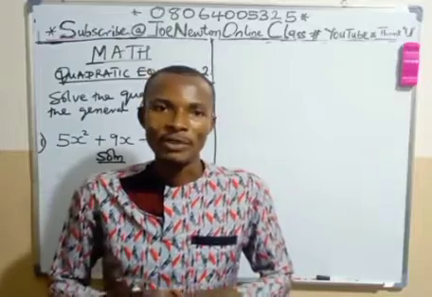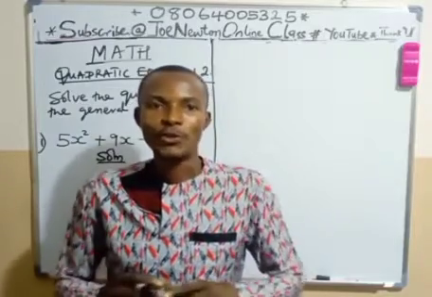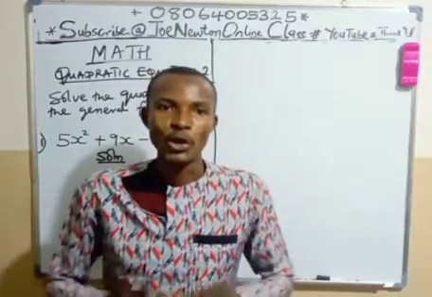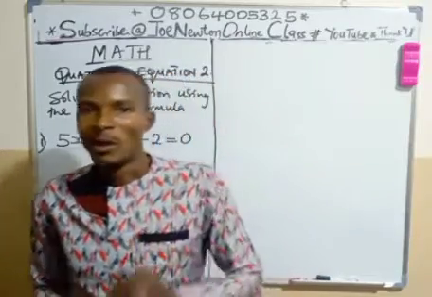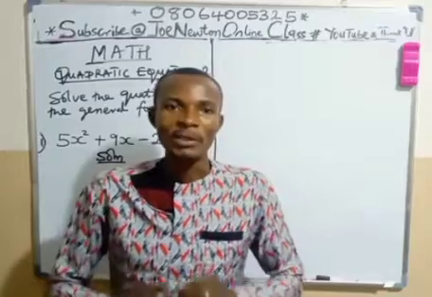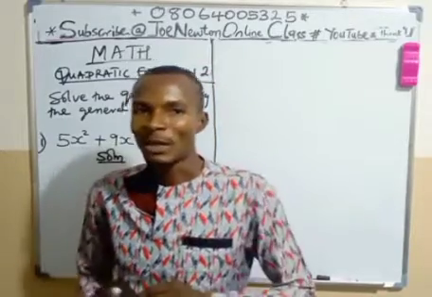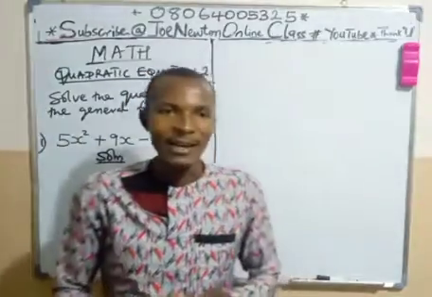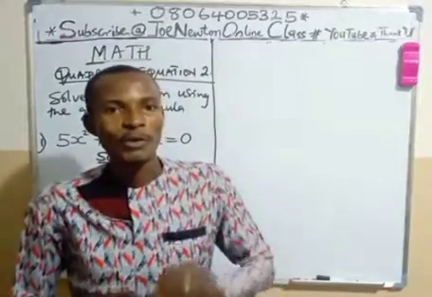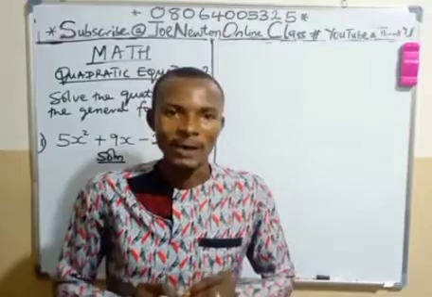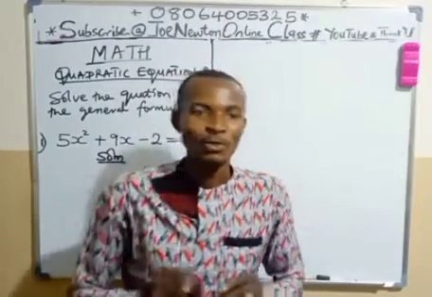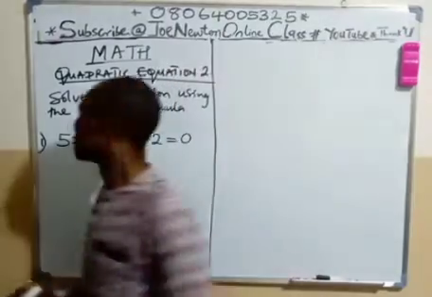Recall that during our previous class, we solved quadratic equations using the factorization method. Now, remember we still have the completing the square method, but in this particular class, the task here required us to solve using the general formula, popularly referred to as the almighty formula. Without wasting time, let us tackle the question on the board quickly.